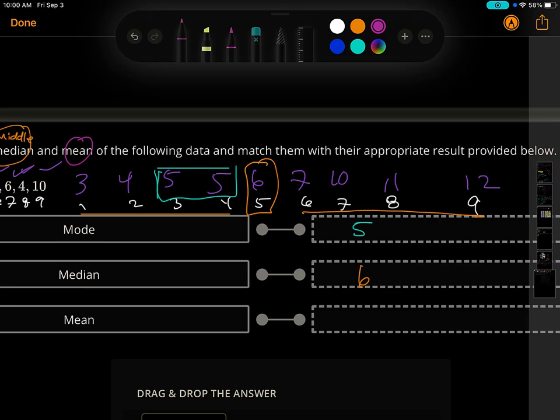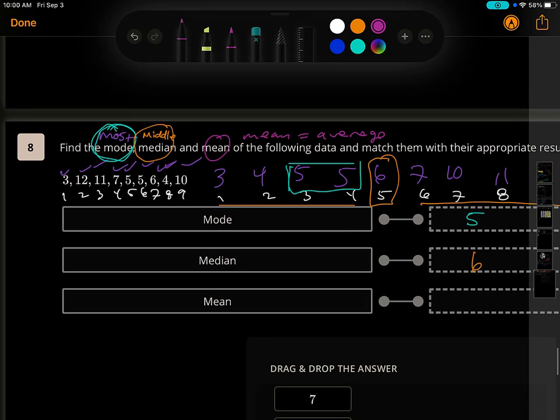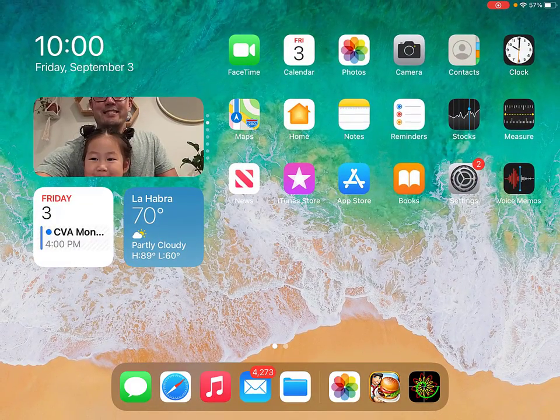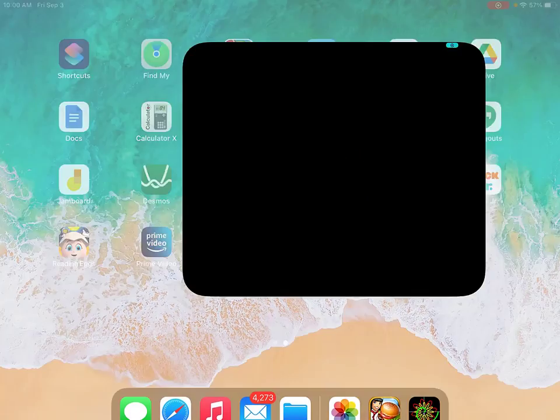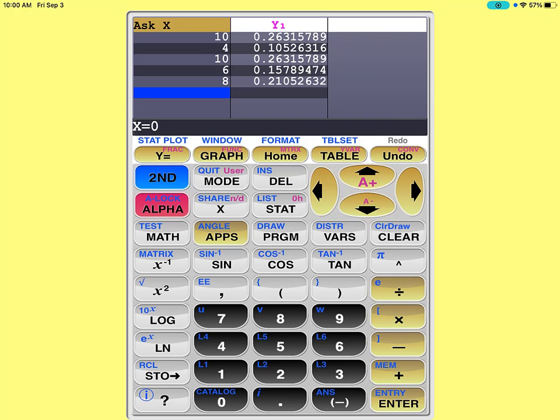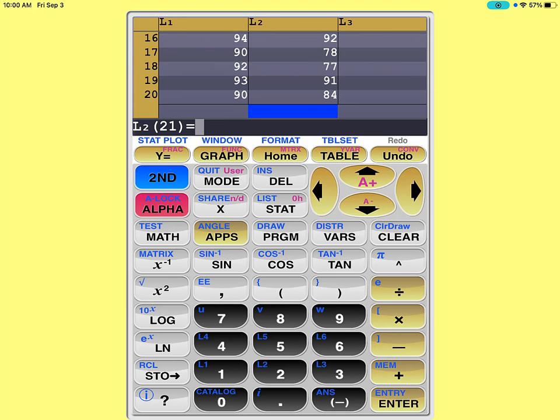And the last one is the mean. It is the average. Let me take a screenshot of these numbers. Go to our calculator here. Okay, stat, edit, go up to your list.